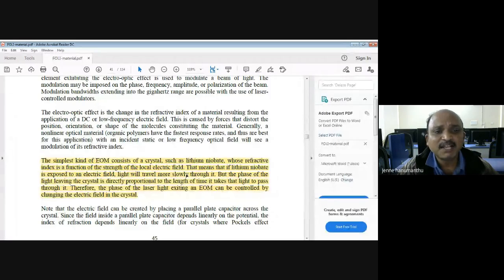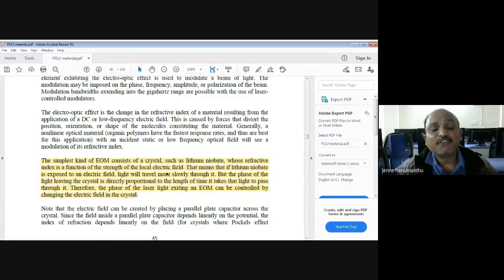Similarly, in this electro-optic modulator, we are choosing a crystal made with lithium niobate. This crystal also has some refractive index. This refractive index is a function of the strength of the local electric field.